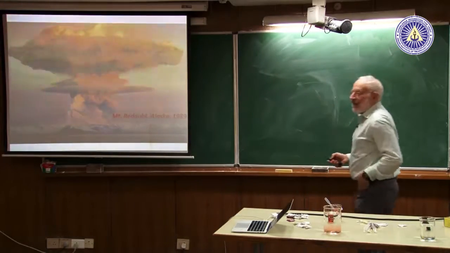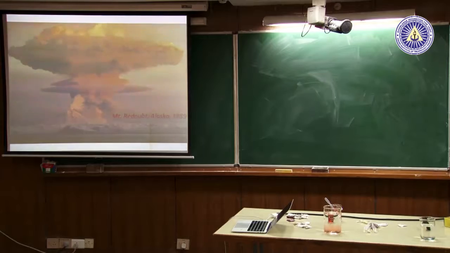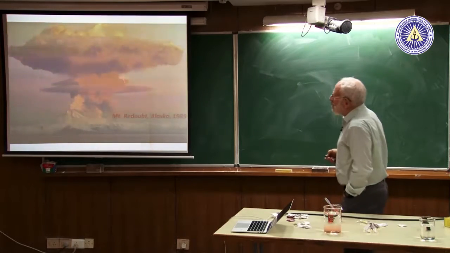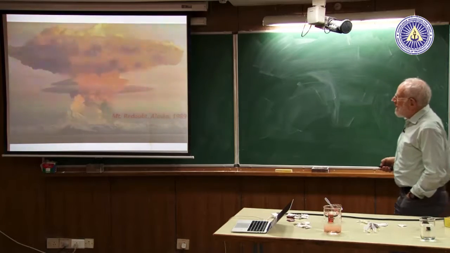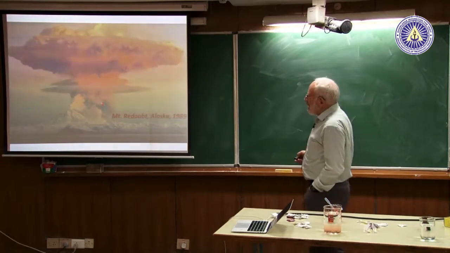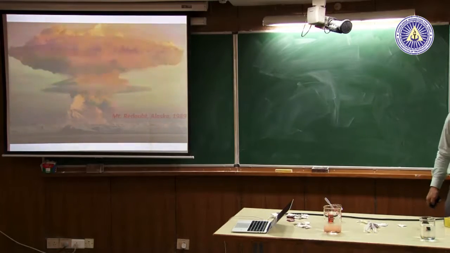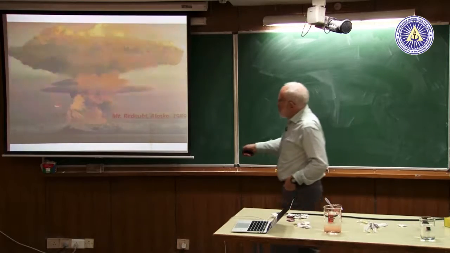This is now, this I can pronounce, Mount Redoubt. The famous eruption of Redoubt, and we're going to talk a lot about this. It's somewhat complicated. Well, it's either a pity if you want a simple example, but it's wonderful if you want to know what happens typically.